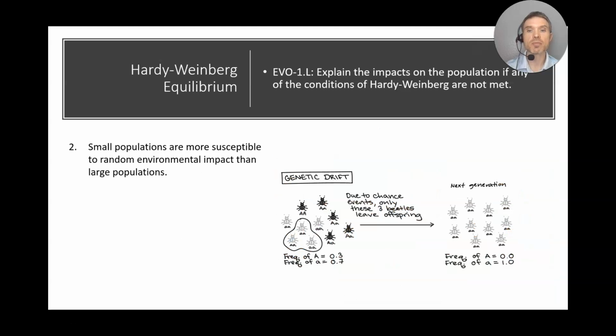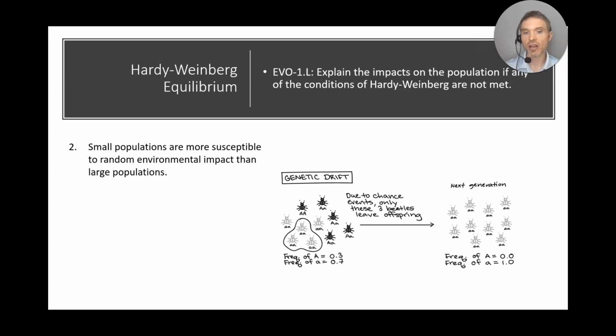Now, as we talked about in the population genetics presentation, I said that small populations are especially susceptible to random environmental impacts, more so than the larger population. And that is all because of genetic drift. So we look at our population here on the left-hand side.